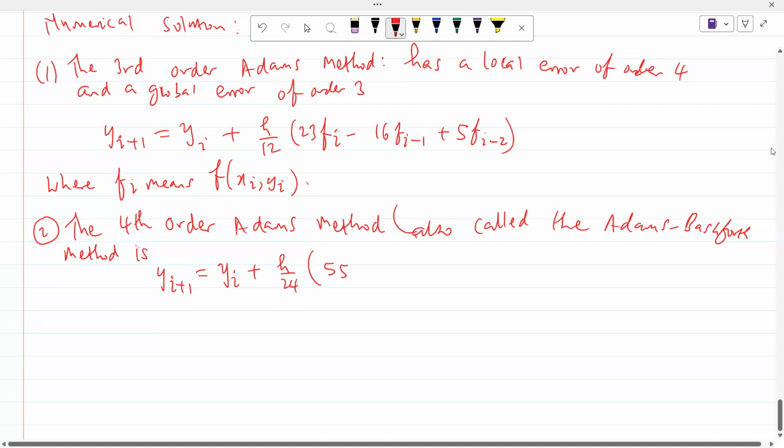The fourth order method, which is also called the Adams-Bashforth method, is the one that has the 55 in it, and there's h over 24, 55 f i.